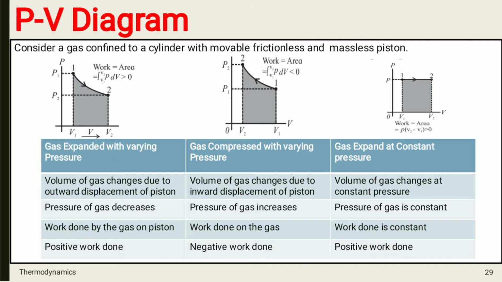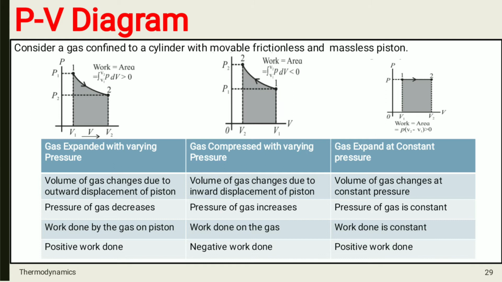When volume of gas is V1, pressure is P1, and when volume of gas is V2, pressure of gas is P2. Here, pressure decreases and volume of gas increases, and this volume change is due to outward displacement of the piston.